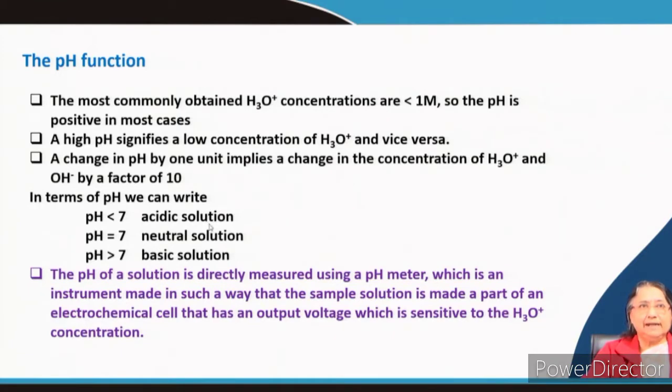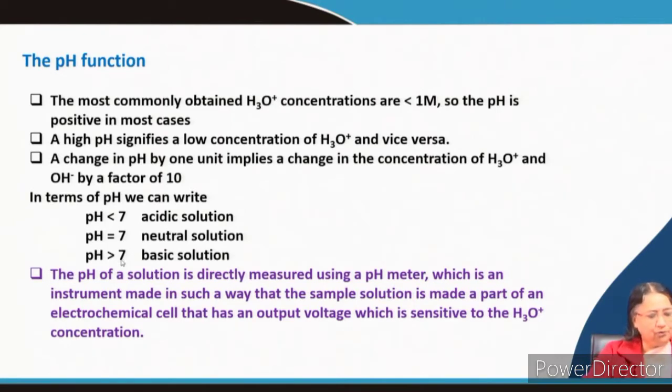And we can easily say that for neutral solution the pH is 7, for acidic solution the pH is below 7, and for alkaline solution or basic solution pH is above 7.